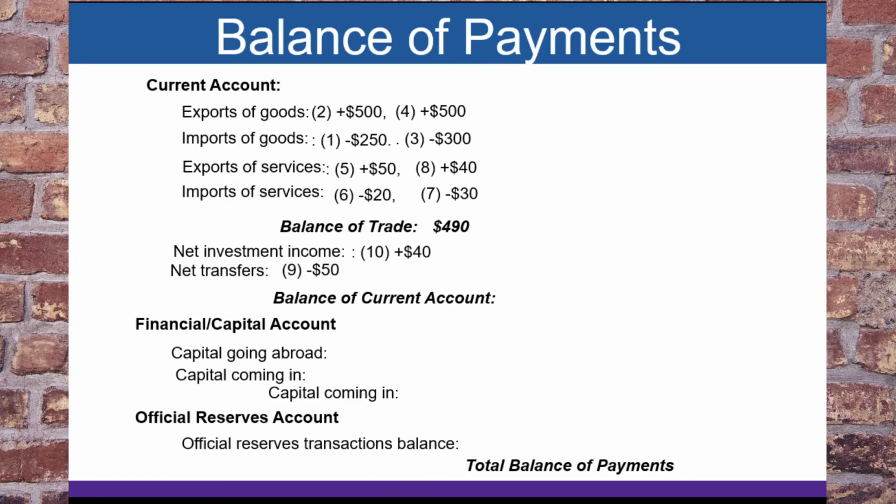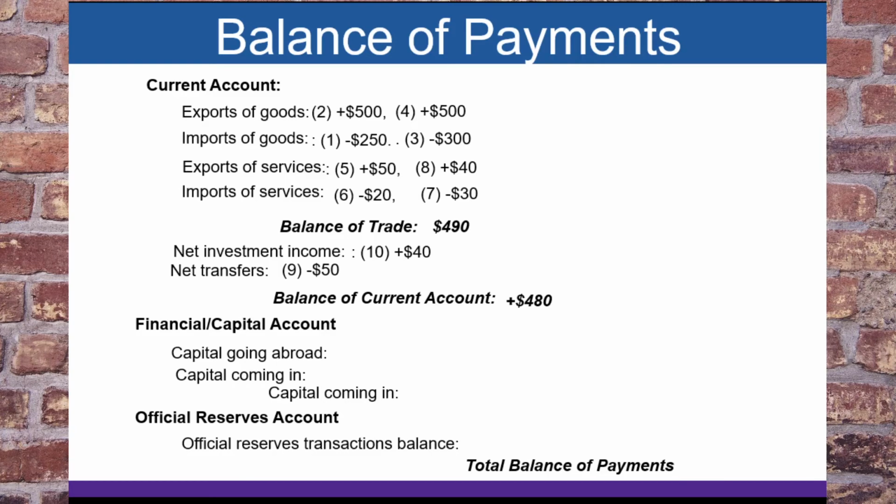And we have the $40 change. All right, now that's the 50 going out, so we end up with a balance of trade of 480. All right, now let's do this.